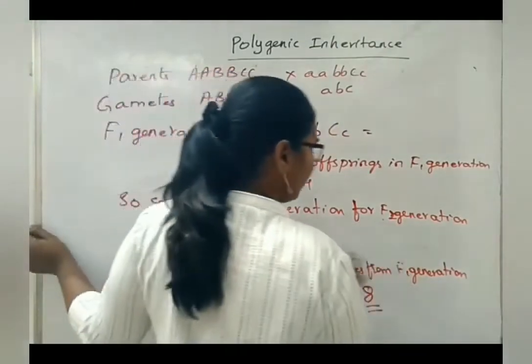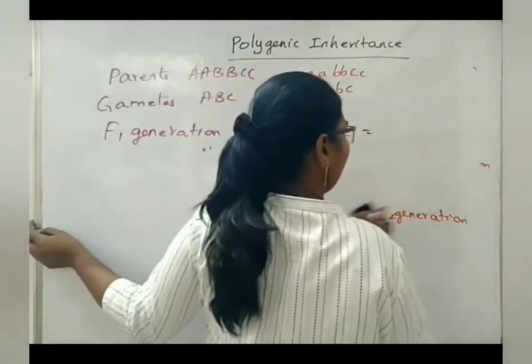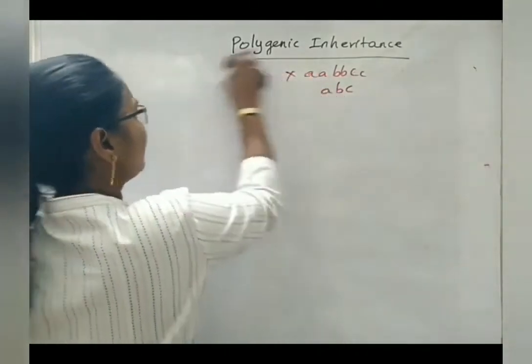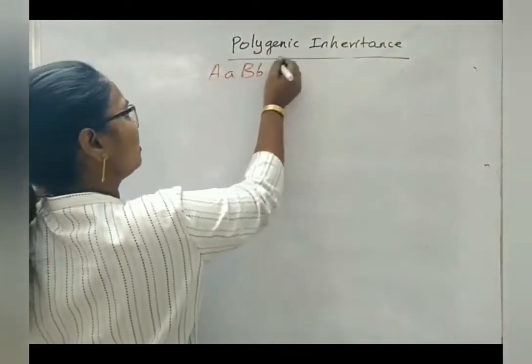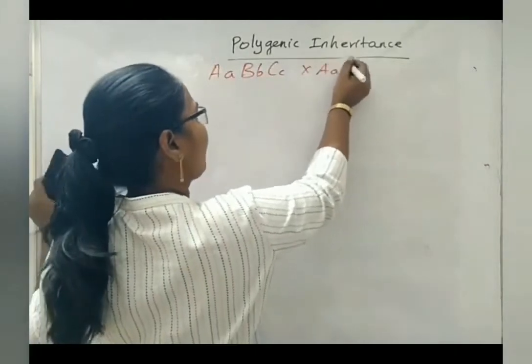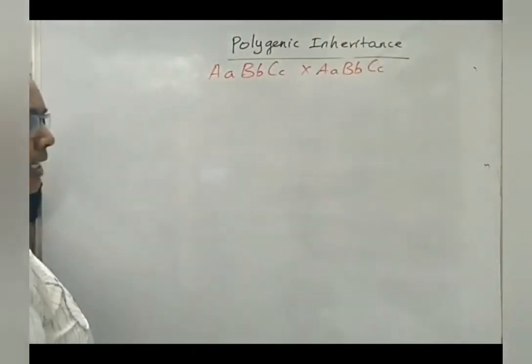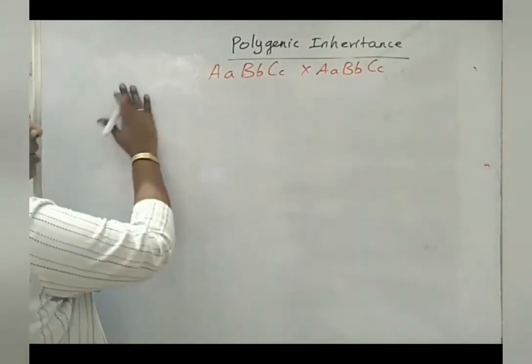Now, what type of offsprings we are getting when we self-cross the F1 generation, and new types seen in F2. Now we'll see that. We are seeing the cross between these. Already I told you types of gametes and I have represented here. Let's write the cross between these two.